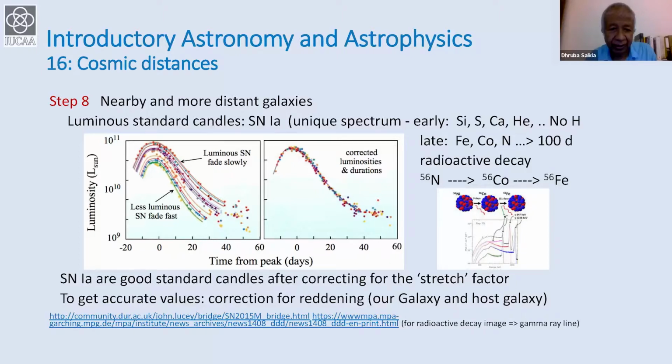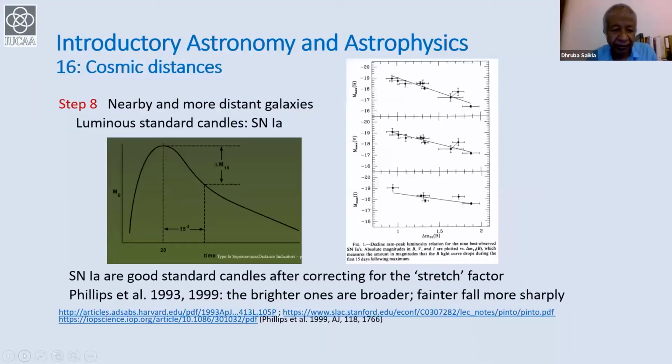And today, because these objects are extremely luminous, you've been able to measure distances to very high redshifts. So this is what I illustrated to you by the stretch factor. How do you correct for that? You find out how the magnitude is changing with time. For example, you can see by what level it is changing, and you standardize that to a fixed value.